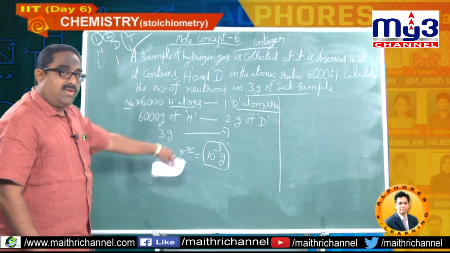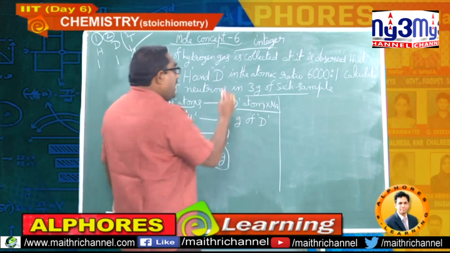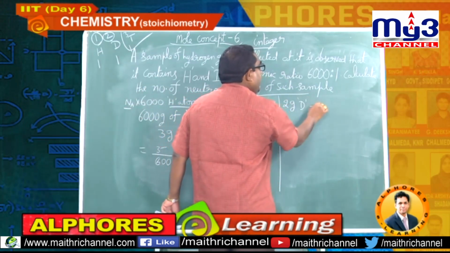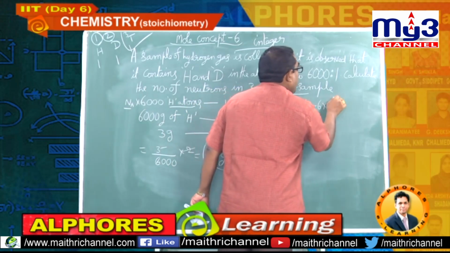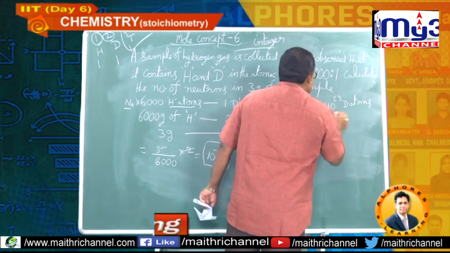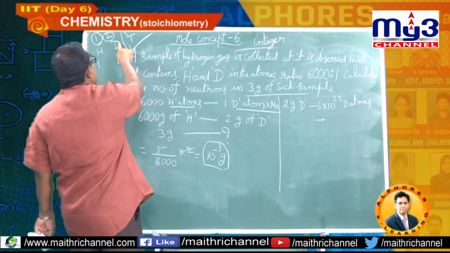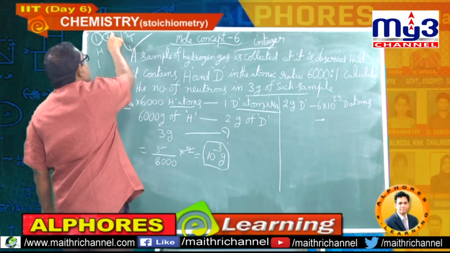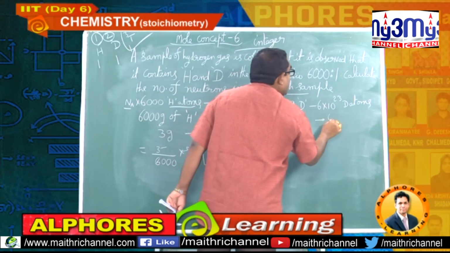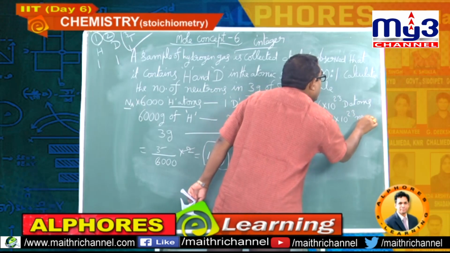Now please let me go for the second step of this solution. Atomic weight of deuterium 2 grams. It means 2 grams of deuterium contains 6 into 10 power 23 deuterium atoms. Similarly, I have already told you 1 deuterium contains 1 neutron because A minus Z, 2 minus 1, 1. So number of neutrons is 6 into 10 power 23 neutrons.